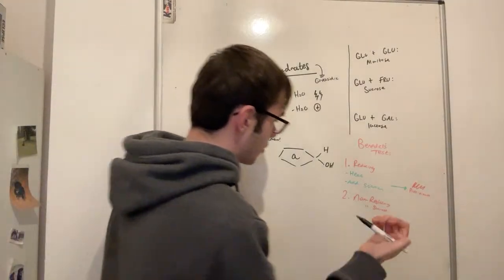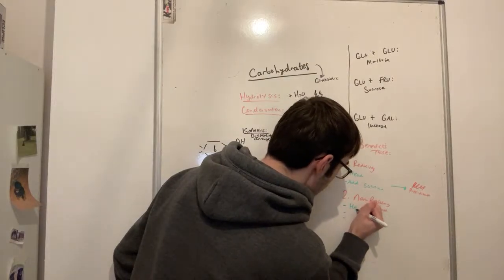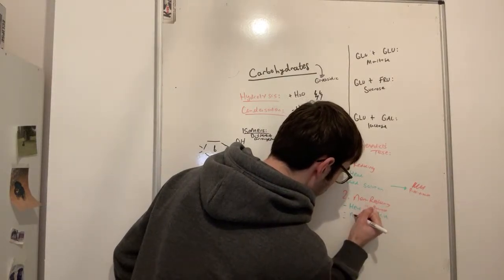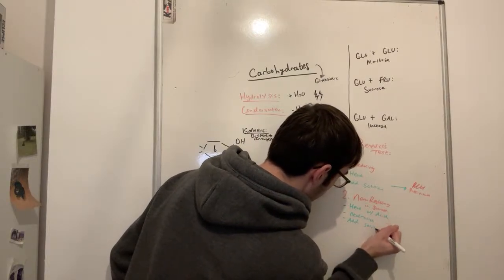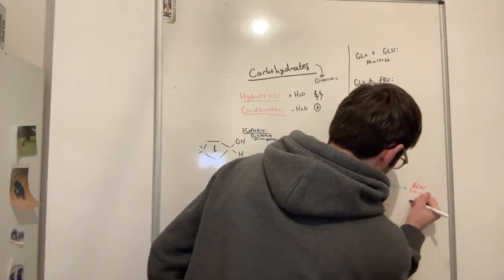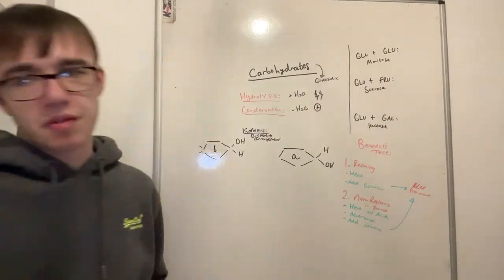For the non-reducing, it's a tad more complicated. You have to heat with acid. Then you have to neutralize. Then you have to add Benedict solution. But the exact same as said, it's a red precipitate.